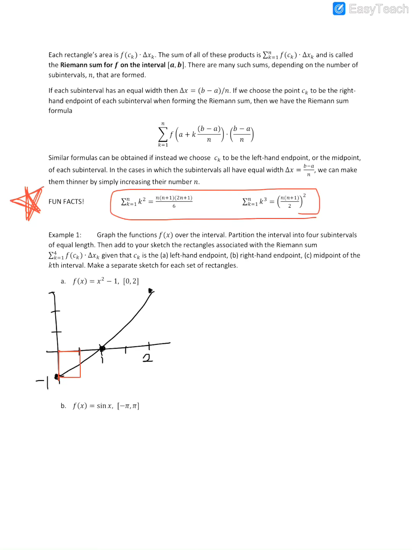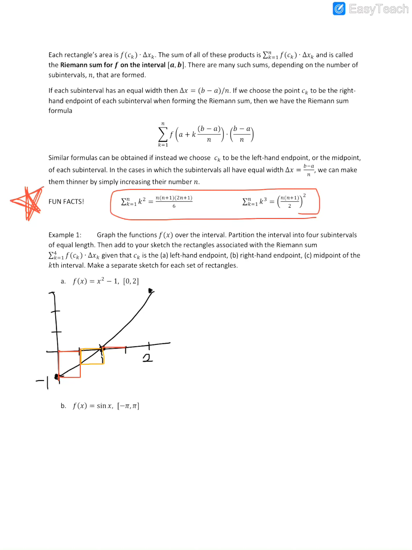Next interval, I'm going to draw it in a different color so I can help you out here. Here's my next interval. I start on the left, I go up to the graph, stop. There's my rectangle. Okay, next one. I'm going to go back to red. This one's a little bit strange because here's my width, but guess what? My left-hand endpoint is on the graph. So there's no rectangle there.